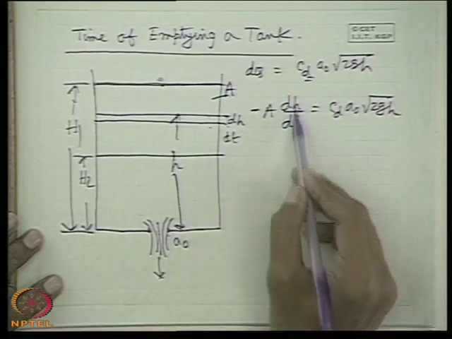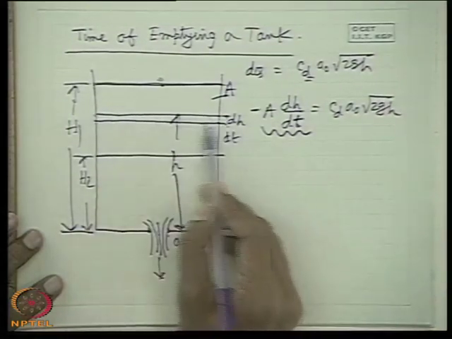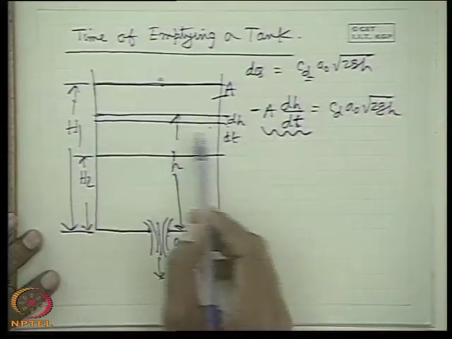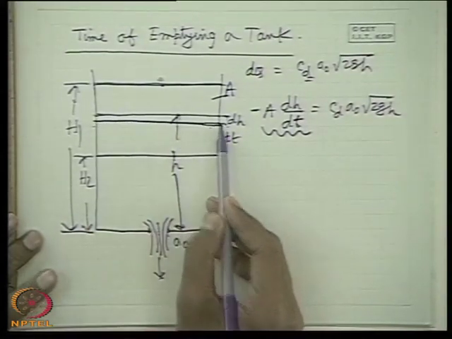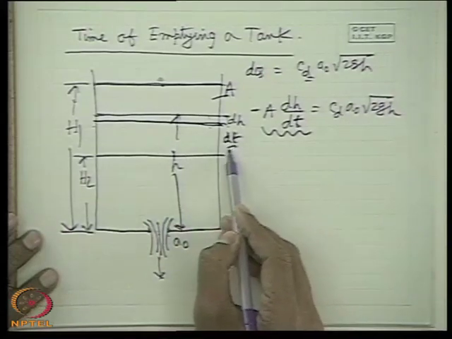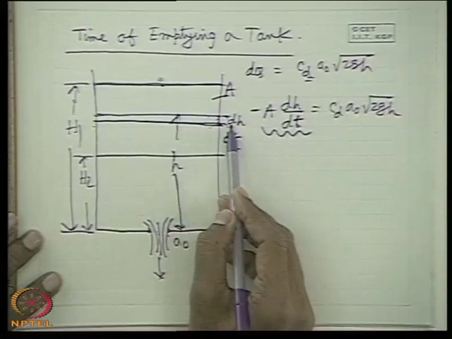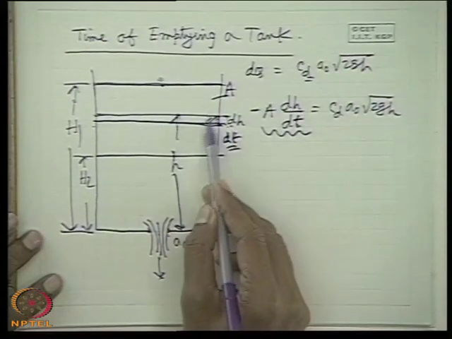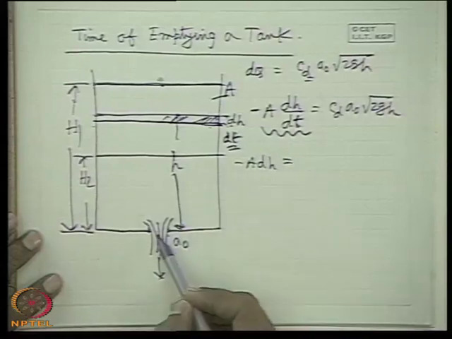Why? Because h is decreasing with time. During a given interval of time dt, the height has fallen by dh, so the volume decreased is minus A dh, and this must be equal to the flow which has gone through the orifice.